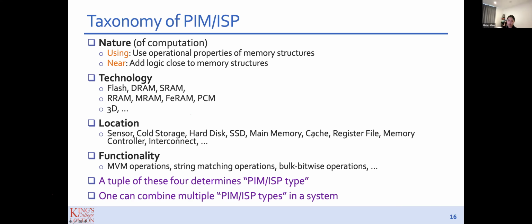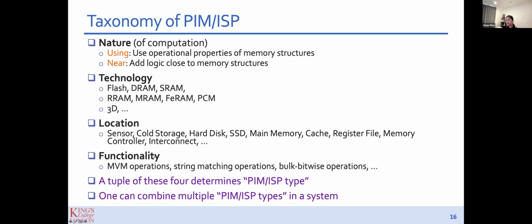And also we can do it inside the cache, which is currently SRAM, and the registers, but we may benefit less compared to processing inside the main memory, right? And we can do it also in the memory controller and over the interconnects inside the memory. Yeah? There are a lot of locations where we can do the processing near the data.